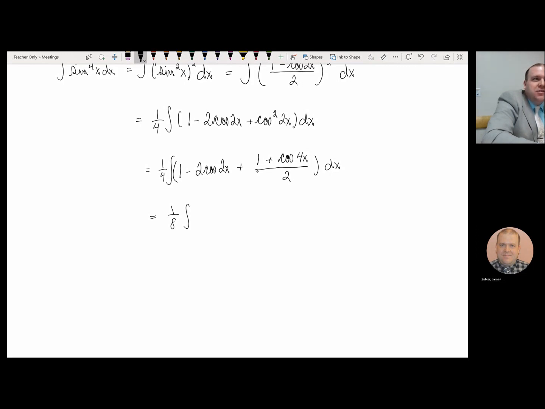So 2 plus 1 is 3. No, that should be a 4. So that is what we should be left with. And again, you're factoring 1/2 out of 2, so you're left with 2 times 2, which is 4.